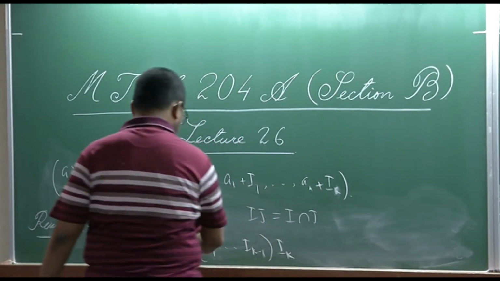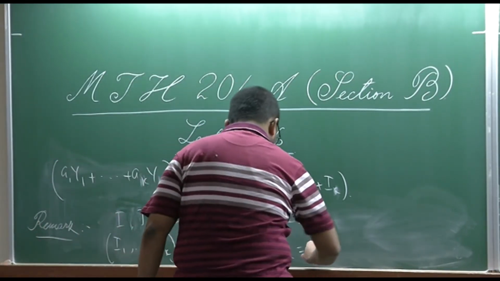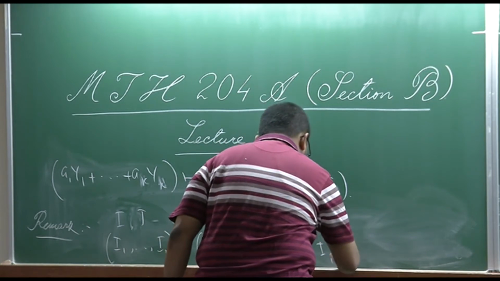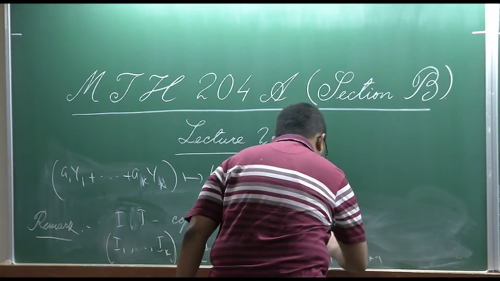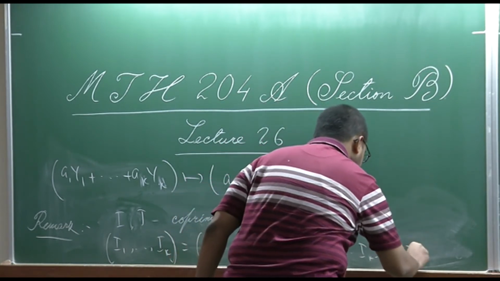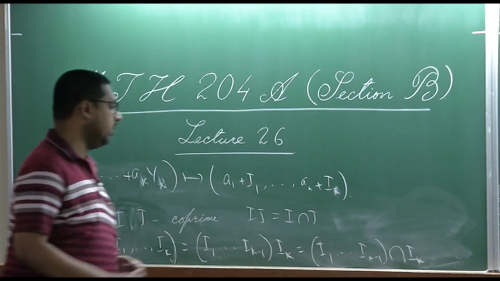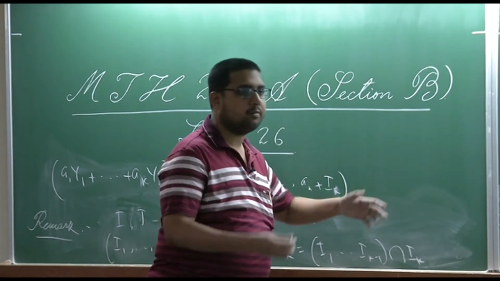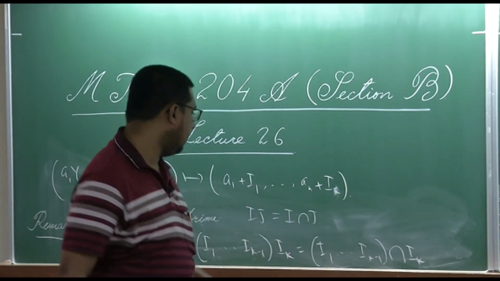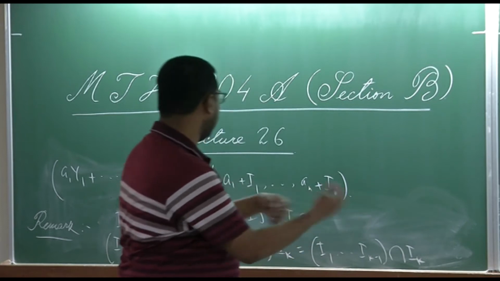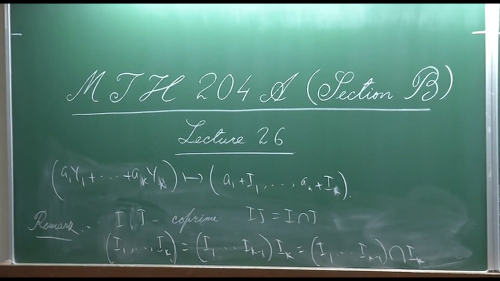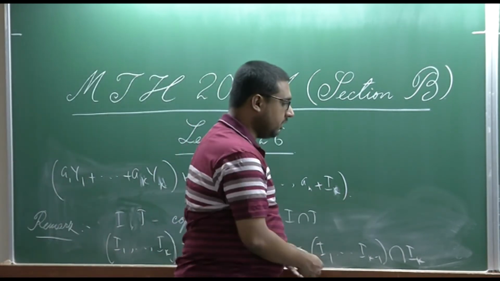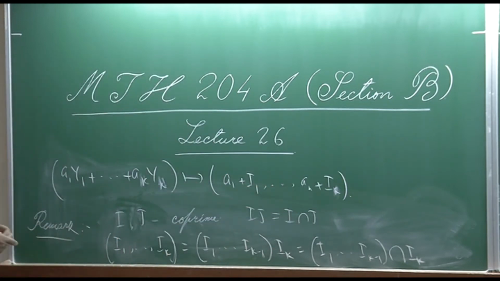So, what we see is I_1 up to I_{k-1} intersection I_k, then you run the usual induction argument, because now the collection has been reduced. So, if this is a collection of pairwise co-prime ideals, then their product is just the intersection, and that proves the claim. Okay.